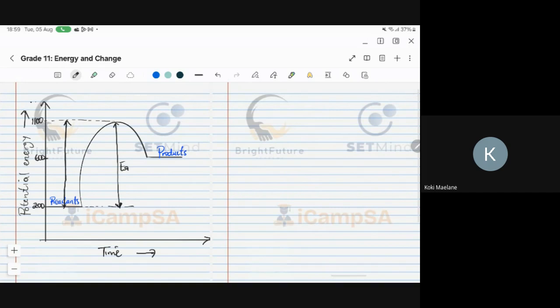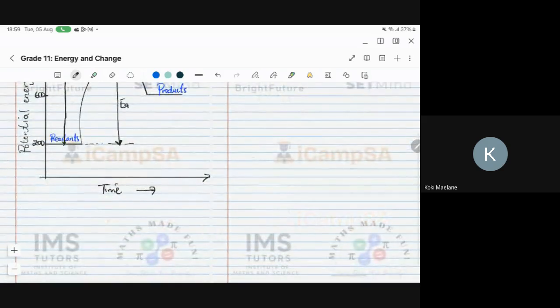And then you also have your heat of reaction, also called the enthalpy. We said enthalpy is the H, the heat of the products minus the heat of the reactants.